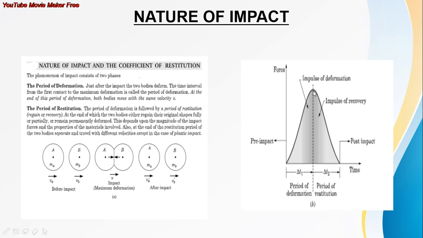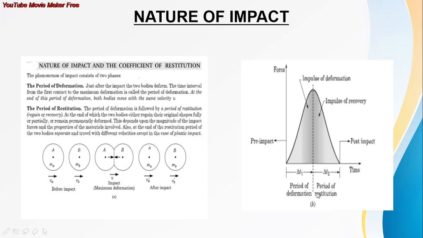Once the state reaches the maximum deformation, the bodies start departing from each other, and then another period starts, that is the period of restitution, delta t2, and in this time period the force starts decreasing, and bodies start regaining their shape. So this is the case of period of restitution.